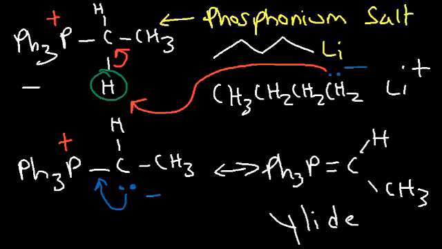The iodine atom, or ion, pairs up with the positive charge of the phosphorus atom.